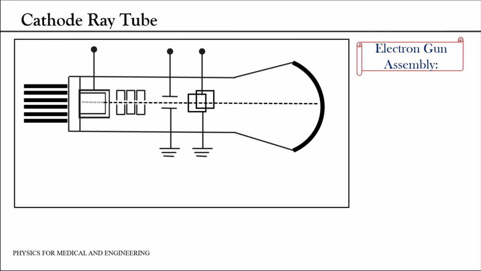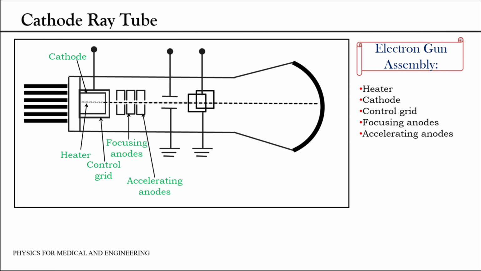The first section is the electron gun assembly. The waveform that we see on the screen is nothing but an array of electrons generated by the electron gun assembly. It consists of a heater, cathode, control grid and accelerating and focusing anodes. Cathode is indirectly heated to emit electrons.